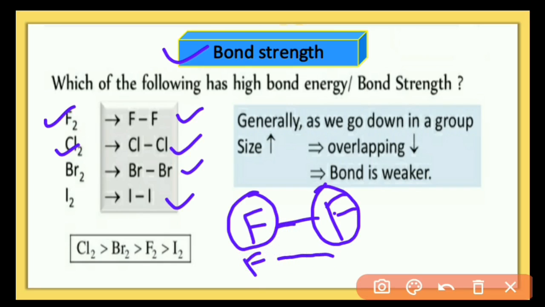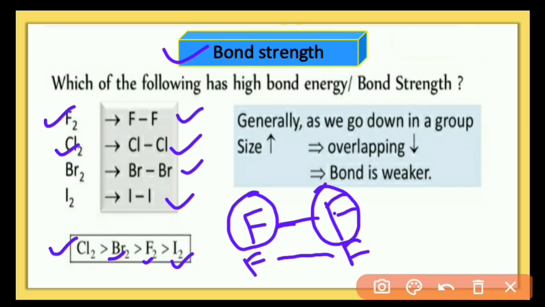So fluorine's bond strength decreases. Bond strength is higher in the chlorine molecule, after that bromine, and lastly iodine.